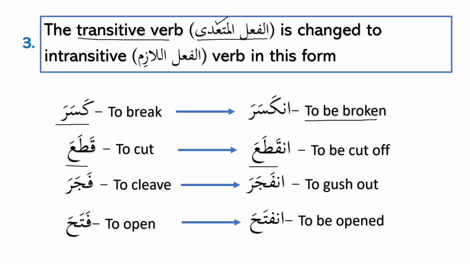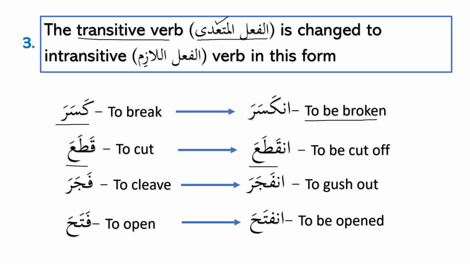Infajarat, yeah. And then we have fataha, to open, and infataha is to be opened, something that opens by itself. So now this is also very interesting that it changes fi'l muta'addi, the verb that needs an object, into fi'l lazim. And when we have inkasara, inqata'a, infajara, infataha, after that we only need the fa'il and we do not need the object or maf'ul bihi.